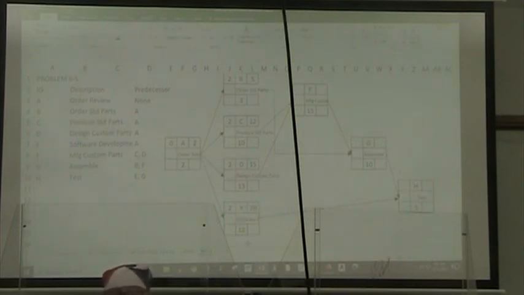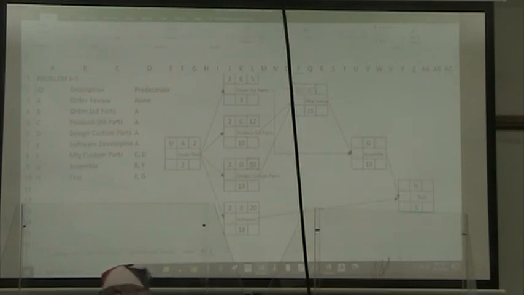All right, so now we've been able to do the forward pass as far as our activity E. All right, because F is a merge activity, we're going to say it equals the maximum value of early finish for produced standard parts and early finish for design custom parts.